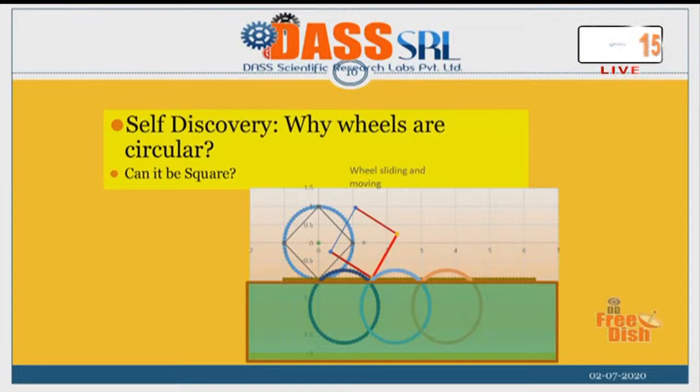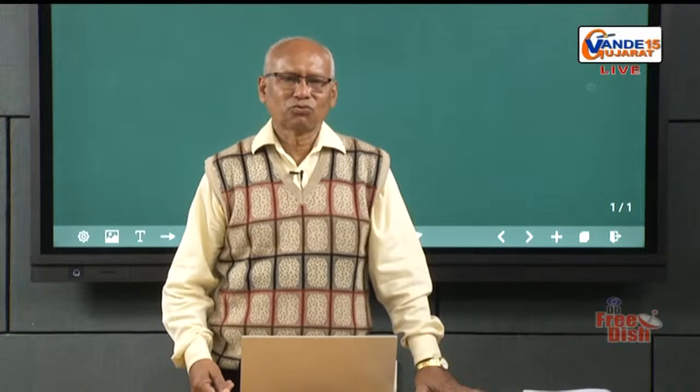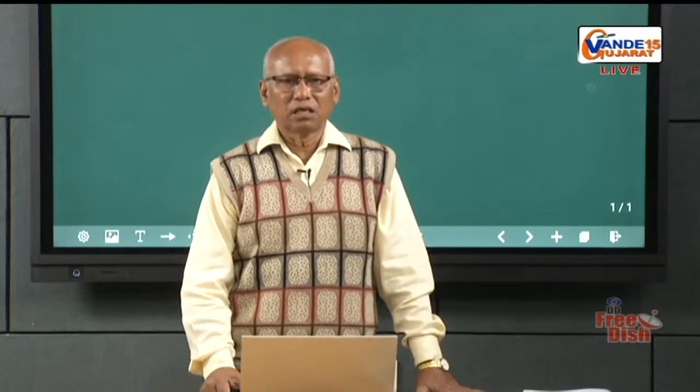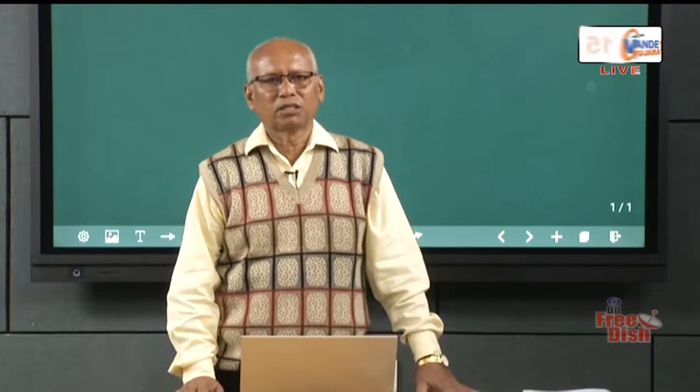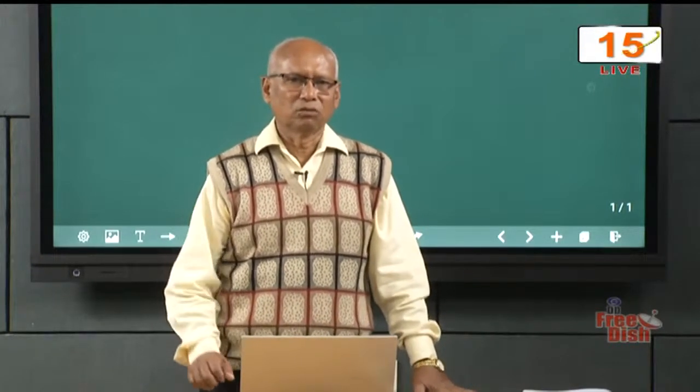But we forget that we are also a type of vehicle, and we drag ourselves with two legs. It is not circular, it is two long pipe sort of thing. So, it is possible, and that is the beauty when you can do the modeling and learn. You can have your own design of wheels, it need not always be circular, it can be a single pipe-like thing, and it can be square or rectangular. This is the actual meaning of self discovery and self learning. We provide these tools, you can test them.